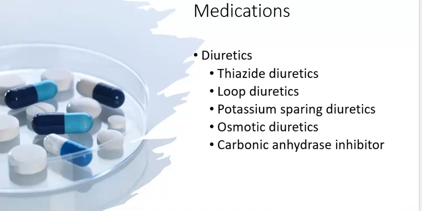Then you have an osmotic diuretic, of which mannitol is an example. It's used primarily in the treatment of increased intracranial pressure. If I have any emergency department or critical care junkies, you'll see mannitol used in those areas. And then your carbonic anhydrase inhibitor, that is a mouthful.